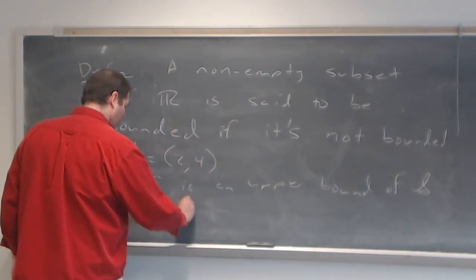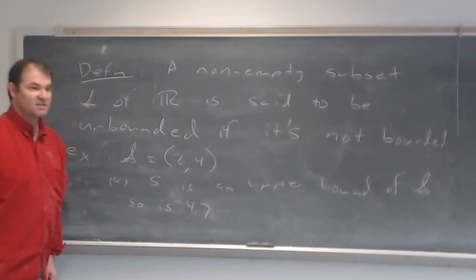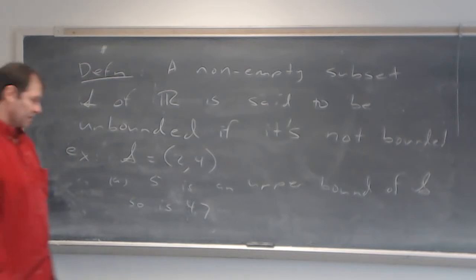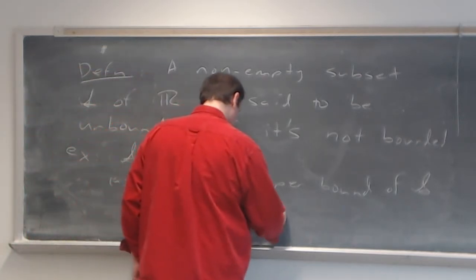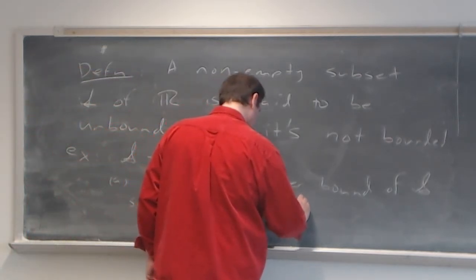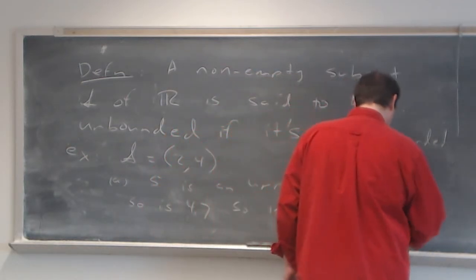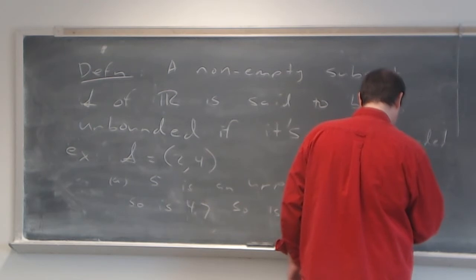So is 4.7. That's an upper bound. Isn't 4.7 bigger than or equal to everything in that set? So is 4. So is 1,000. No, let's say this. 57.